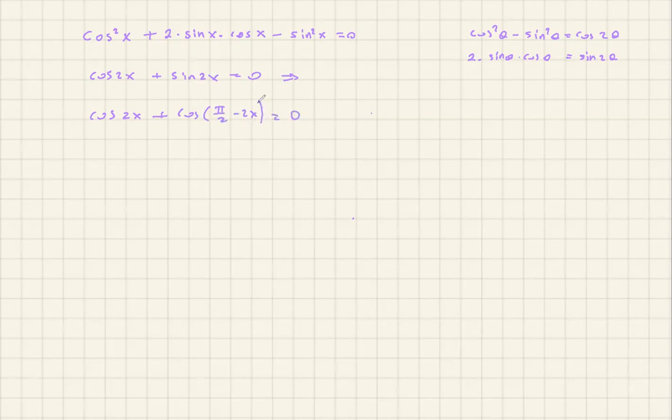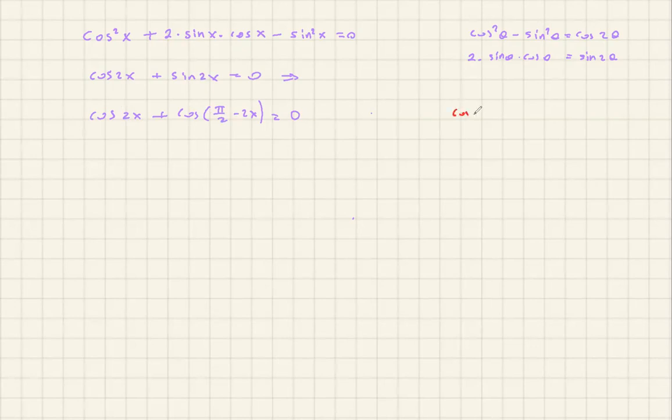So this guy is the same as this one, so we've seen this a lot. And now we have cosine of 2x and cosine of pi over 2 minus 2x, right? So now we have the sum of the two cosines, which can be written as a product of cosines, if you remember. Let me remind you.